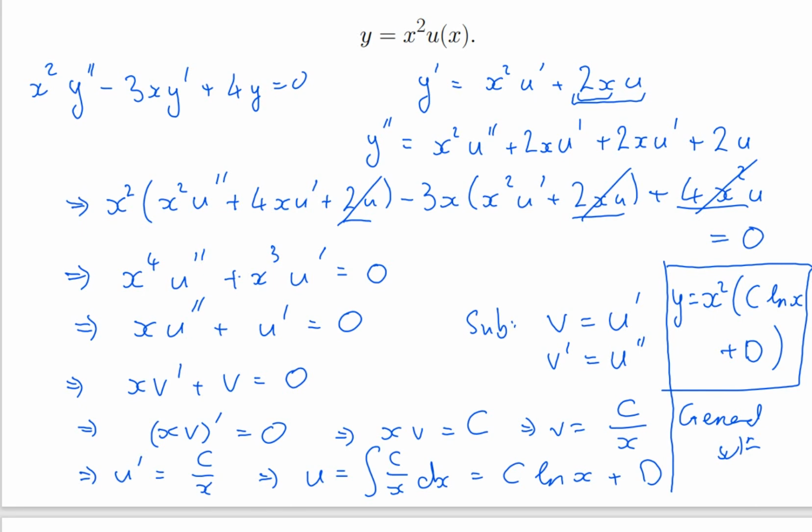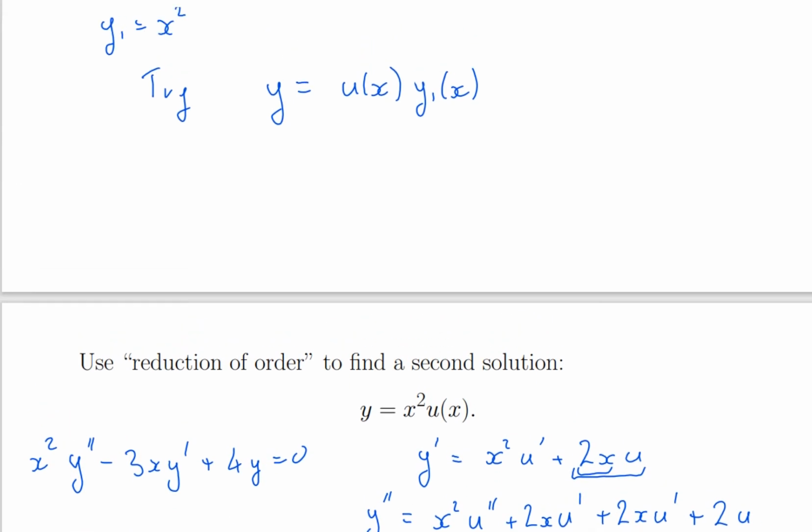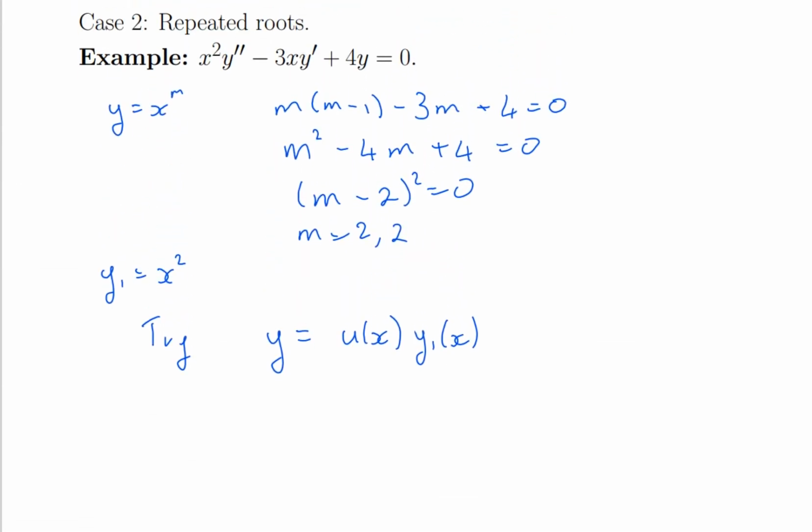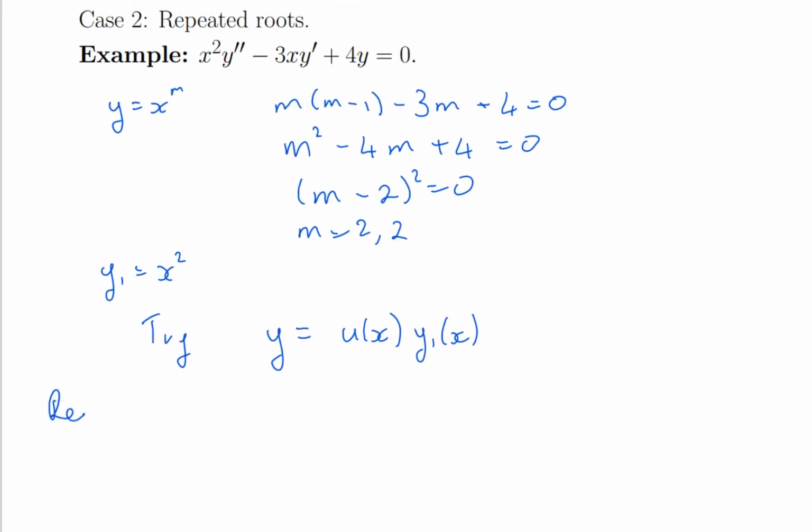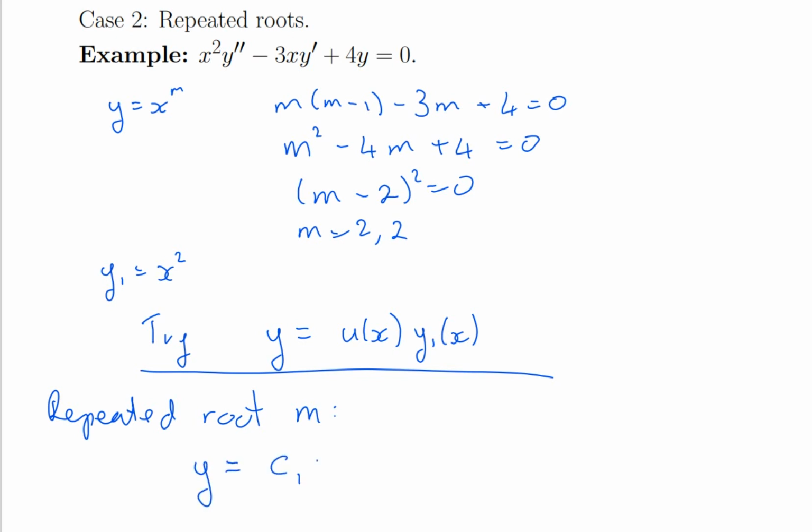So that was an example, but this will always work. And the general rule is repeated roots m. The general solution is c1 x to the m plus c2 x to the m log x.